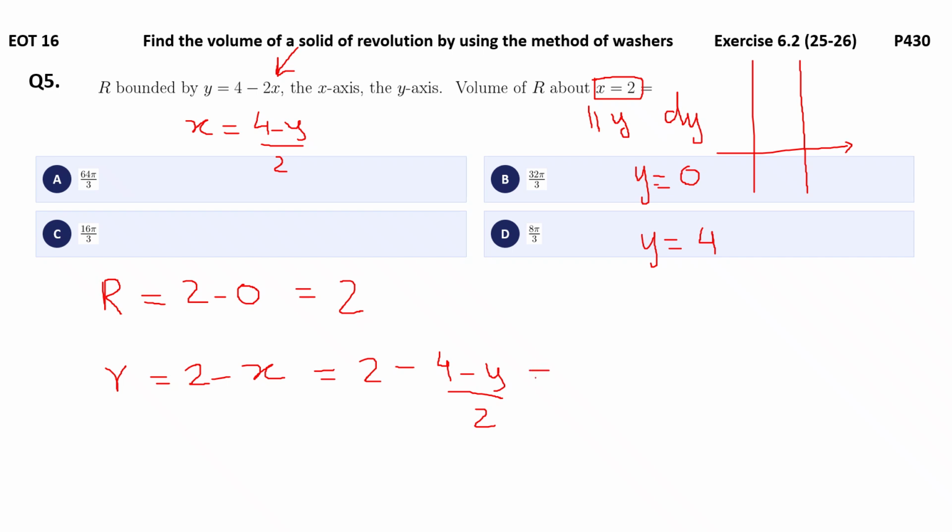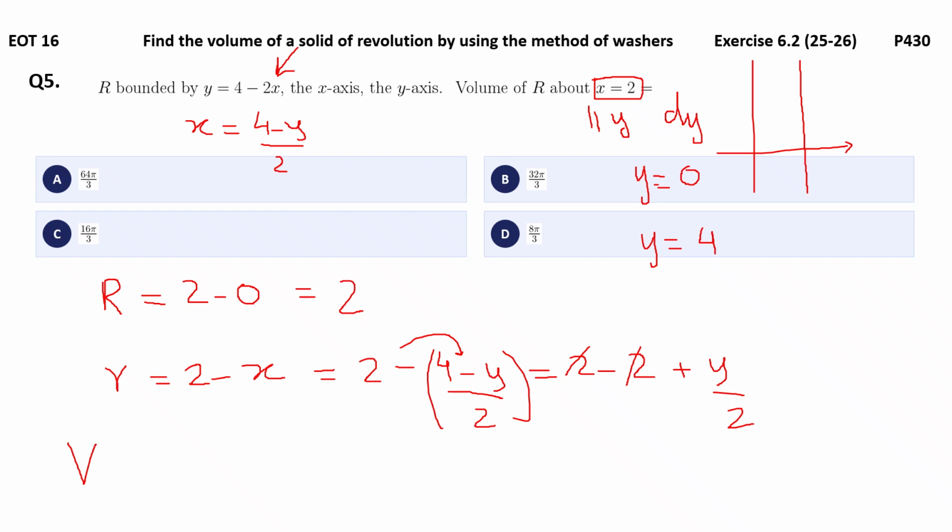Let me split it. So I get 2 minus 4 divided by 2, which is 2. Also, negative of negative becomes positive, y over 2. So my inner radius is just y over 2 because 2 and 2 get cancelled.